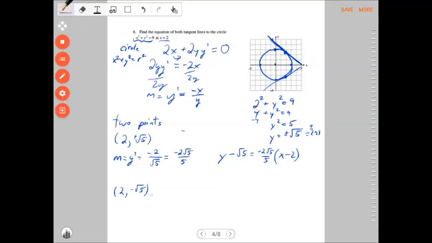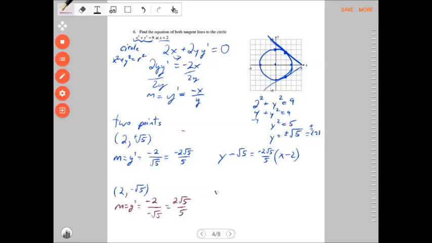Then for the other guy, the slope is y prime equals negative x, so negative 2 over y, which is negative root 5, which is equal to positive 2 root 5 over 5. So that's the slope of that one.